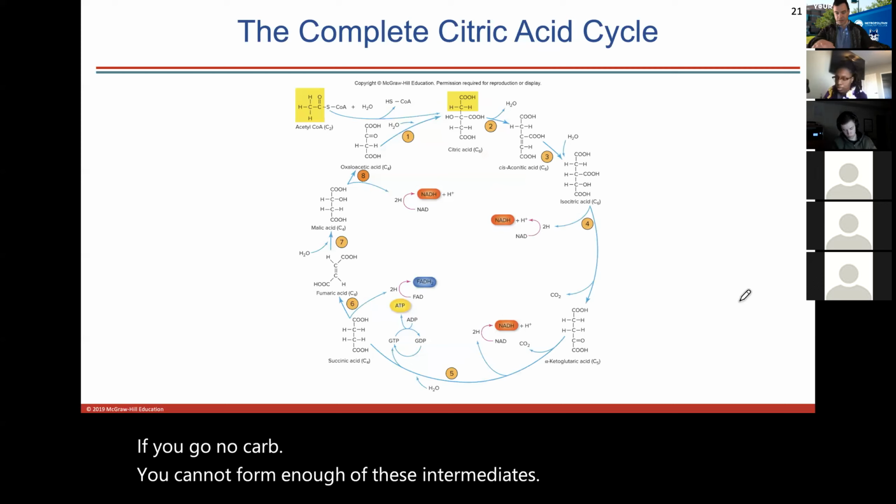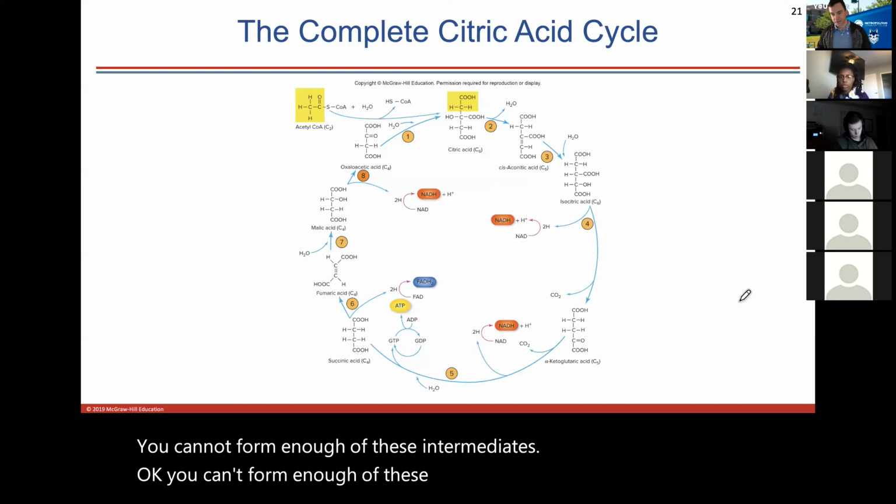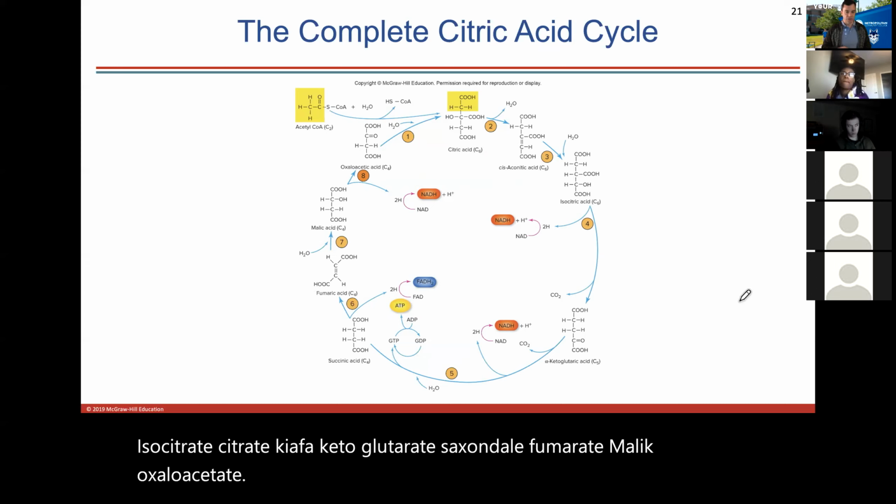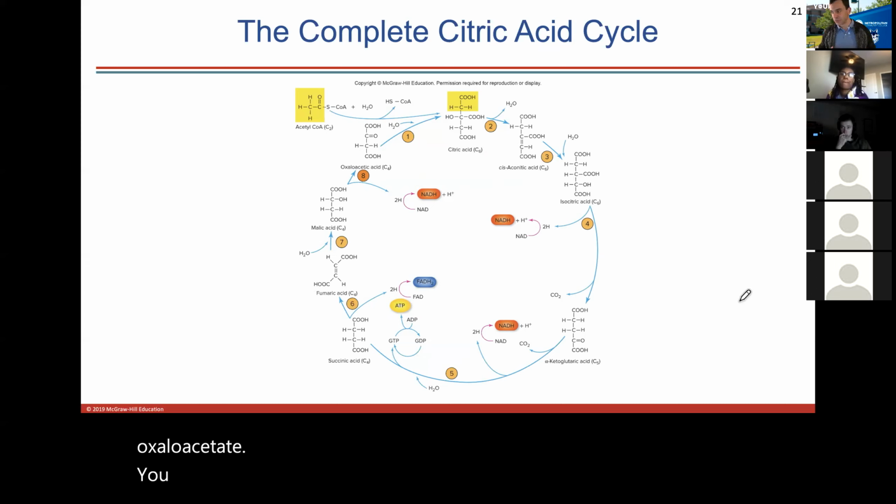Isocitrate, citrate, alpha ketoglutarate, succinyl, fumarate, malate, oxaloacetate. You cannot continue to recycle all of these intermediates in the citric acid cycle. And I'm not going to ask you all the intermediates.